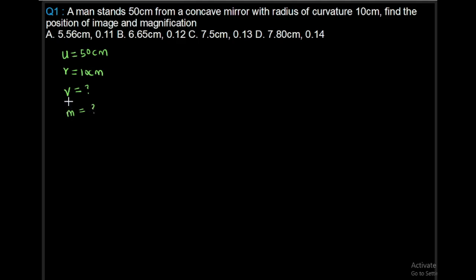So which formula relates image distance, object distance, and radius of curvature? The reason why they give us radius of curvature here is to enable us calculate focal length, and we know that focal length is equal to half radius of curvature. So if radius of curvature is 10, we're going to have focal length to be 10 over 2, which is equal to 5 cm.